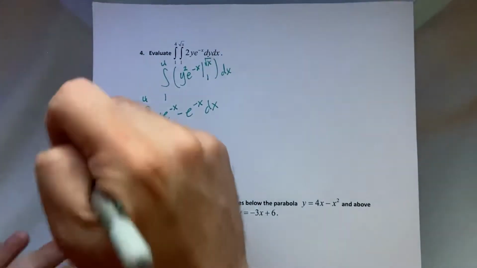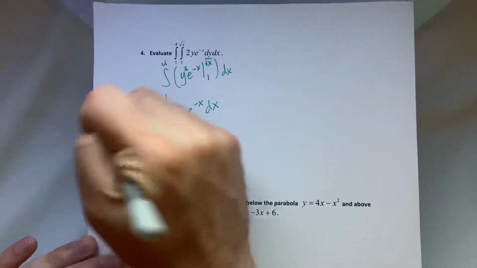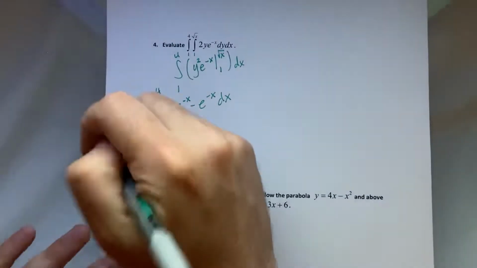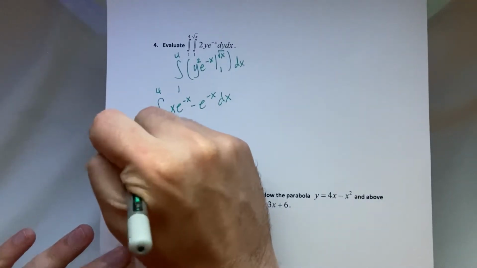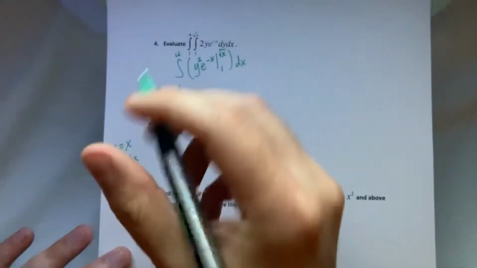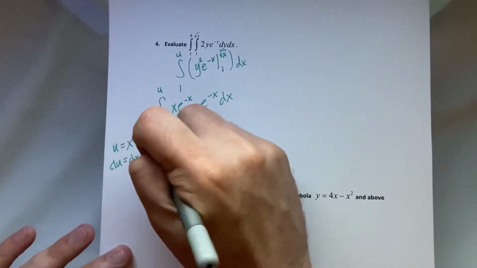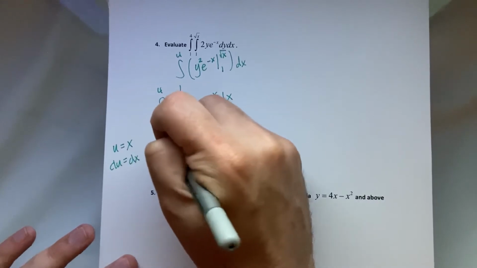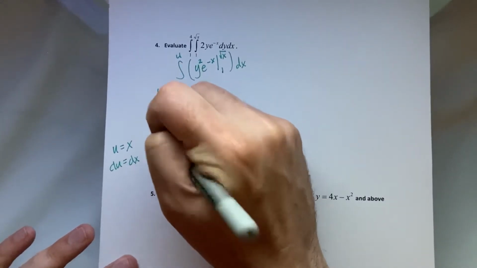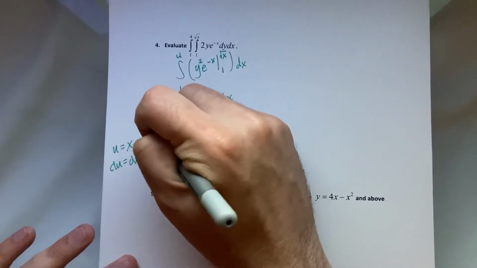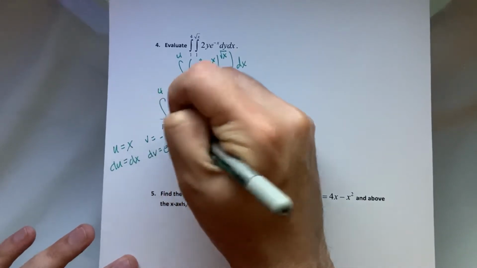This is going to require us to use integration by parts. U is x, du is dx. dv is e to the negative x dx, which means v is negative e to the negative x.